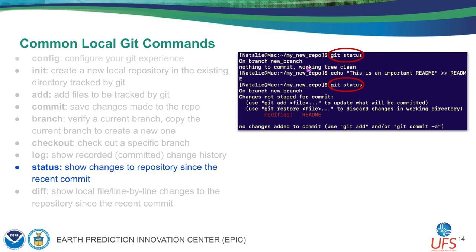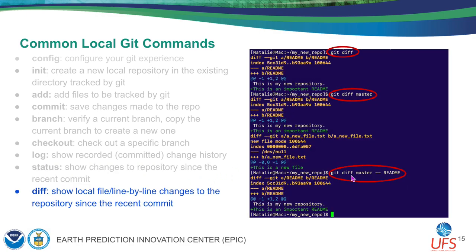If we are on the new branch and we haven't done anything, there is nothing to be committed. If we decided to add another line to the README file, and then we issue git status, it will show us that we are in a new branch and we have some changes that have not been tracked yet. We need to use git add and git commit in order to record the changes.